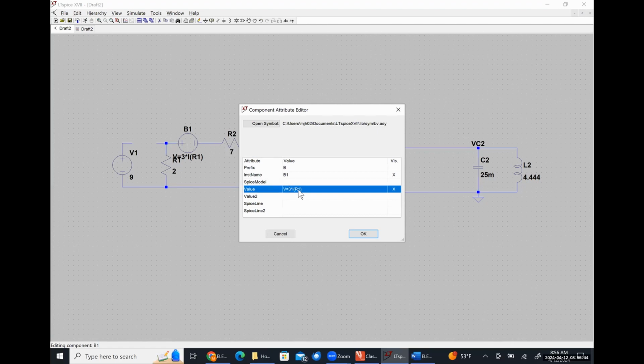I am just changing the value parameter and saying V is equal to, so that's saying the voltage drop across this thing is equal to whatever mathematical expression I put in. And I put in 3 times the current flowing through resistor R1, because the current flowing through resistor R1 is the exact same as the current IA that we're looking for.